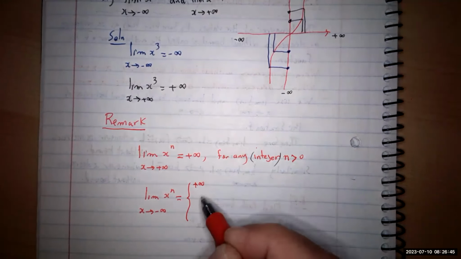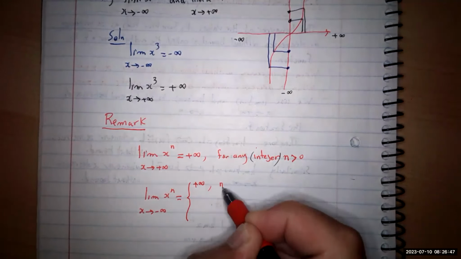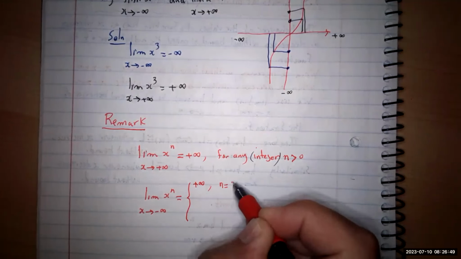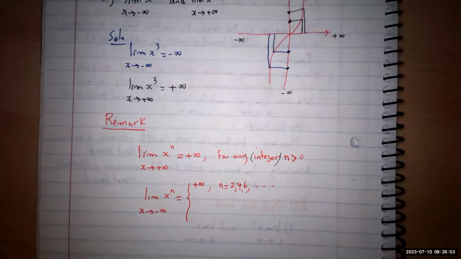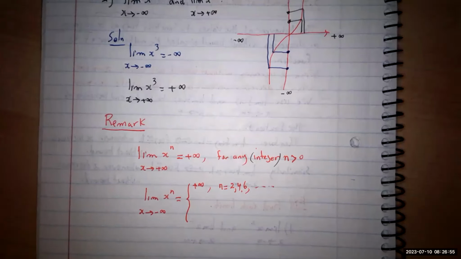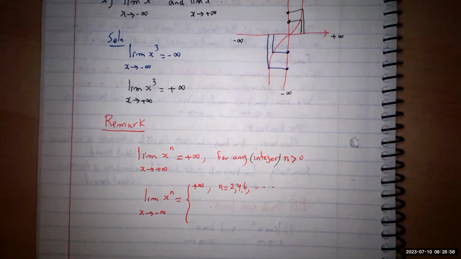It's going to be positive infinity if n is an even number, let's say 2, 4, 6, etc. So the limit of x squared, x to the 4th, x to the 6th, x to the 8th are all positive infinity. But if n happens to be an odd number, 1, 3, 5, then negative to the odd power would be negative.